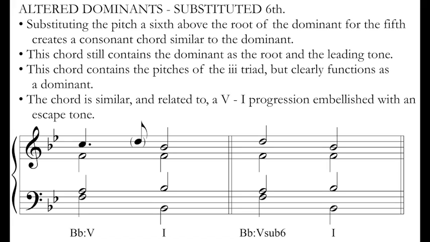This chord is quite similar to a dominant chord that is embellished with an escape tone. If we look at the first musical example I've written for you here, it's of a regular 5 triad, and notice that the fifth, the C natural, is embellished with that escape tone, stepping up to a D natural before resolving down to a B flat. This is a resolution that we could see sometimes with that non-chord tone.